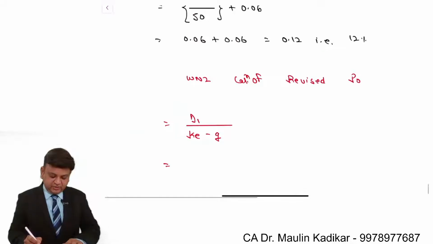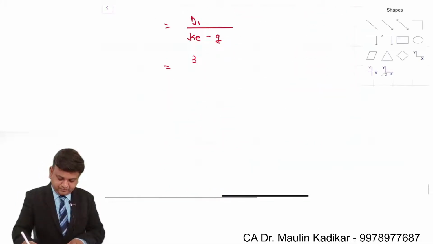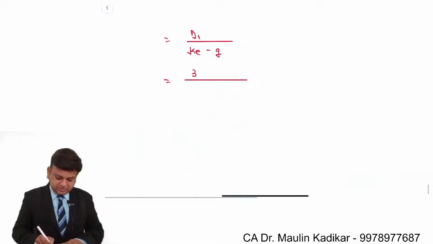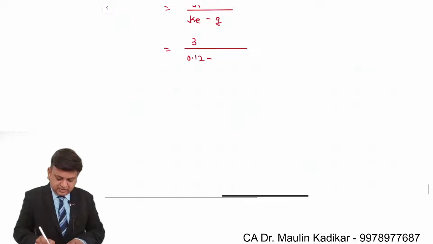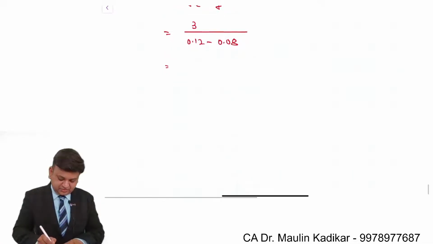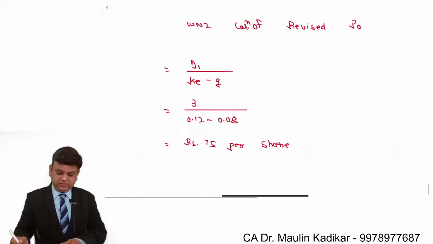D1 is 3 rupees per share, divided by cost of equity, which is 12%, less growth rate of 0.08. That comes to 75 rupees per share. This is the way the revised P0 is found.